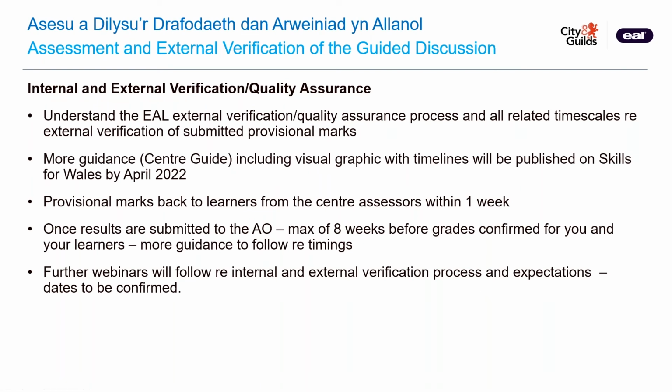So internal and external verification, quality assurance. Understand the EAL external verification quality assurance process and all related timescales for external verification of submitted provisional marks. More guidance, a centre guide, including a visual graphic with timelines, will be published on Skills for Wales by April 2022.